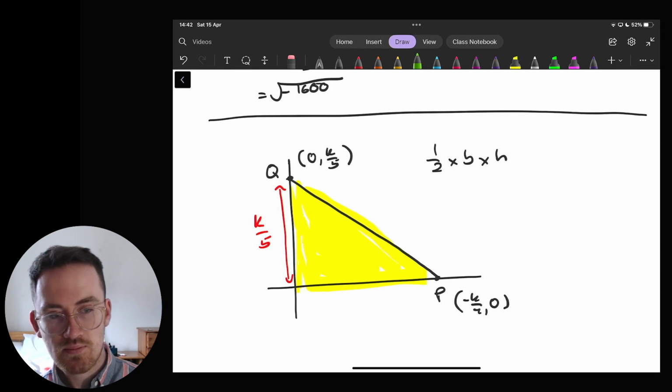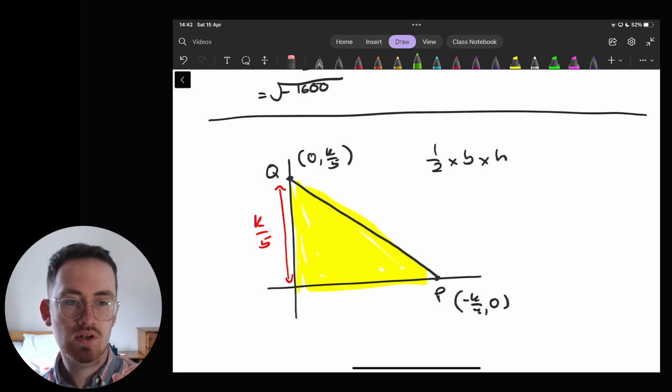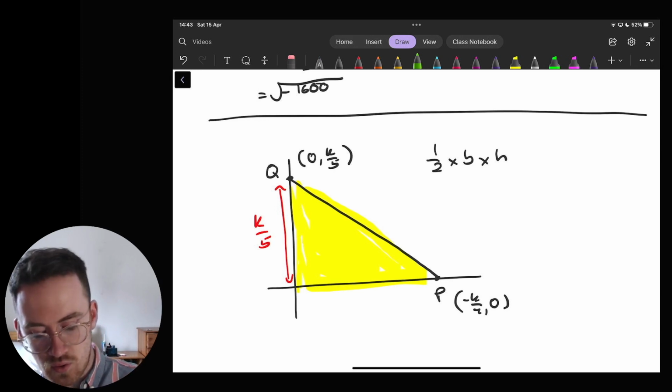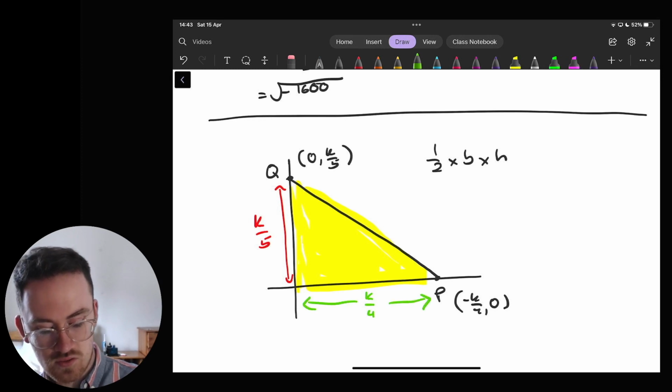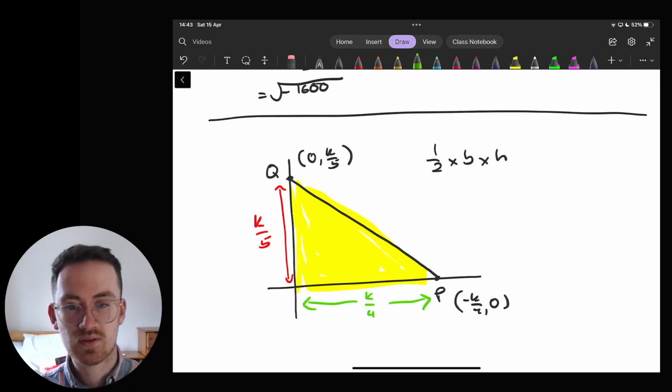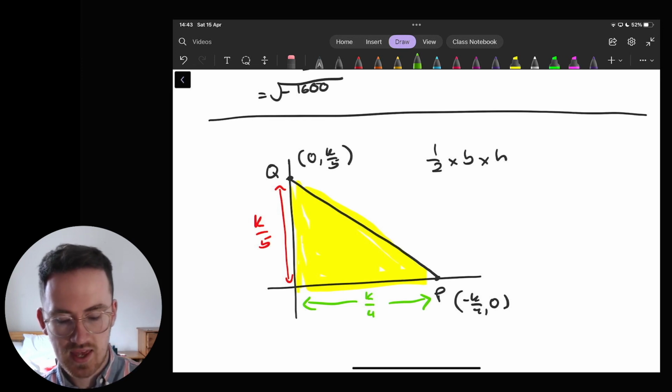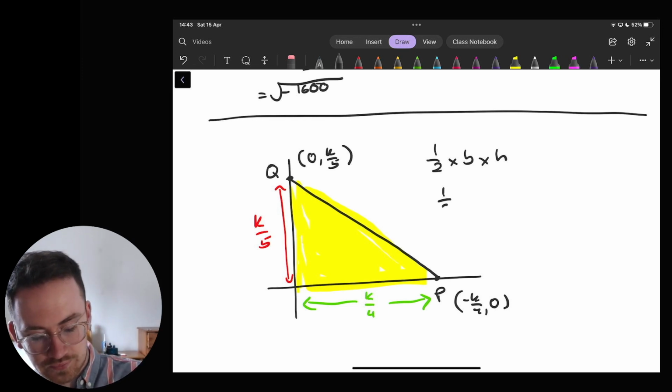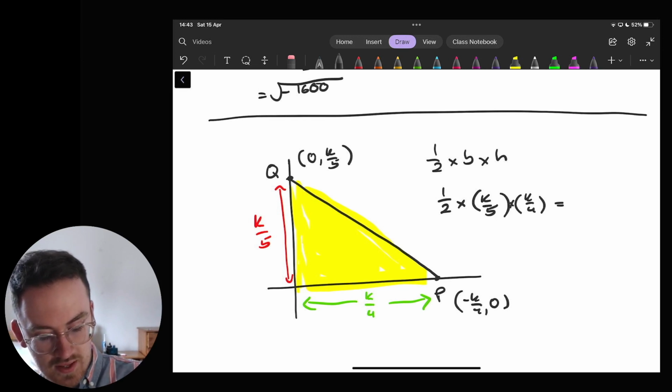If we think about the point P now, even though that x-coordinate is minus k over 4, the distance that we've gone is just going to be a distance of k over 4. Whatever k is, we don't actually know, but it's a distance of k over 4 anyway. So applying that to my question, half by k over 5 by k over 4 is equal to 10, because we know the answer is 10.